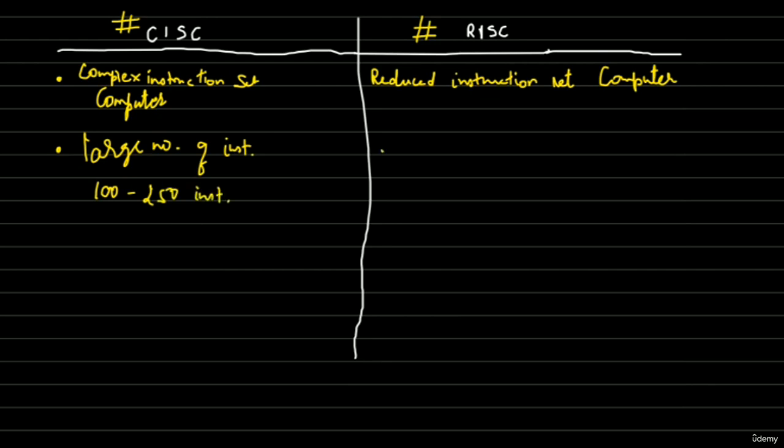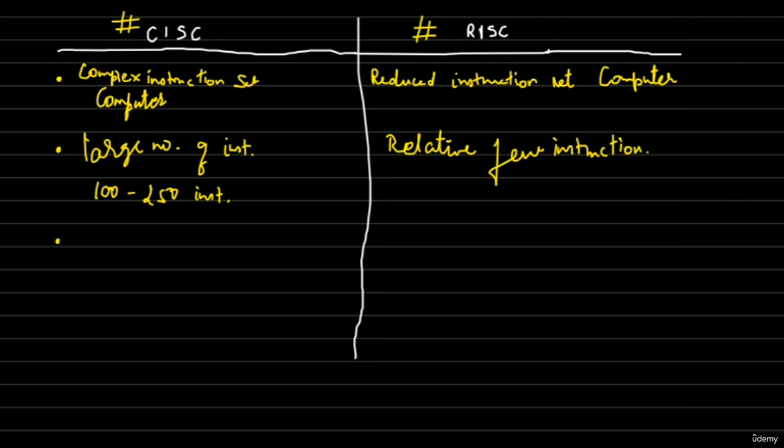And in the RISC world, we are having relatively few instructions. Well, I'm not writing how few, but you can understand that relatively few means definitely less than 100. So that seems a negative point for the RISC, and till this point CISC seems to be winning.